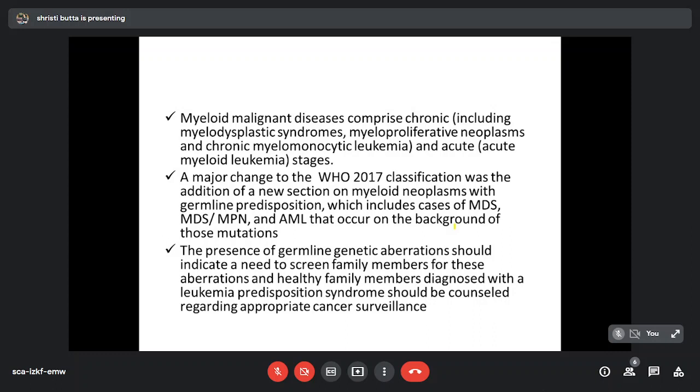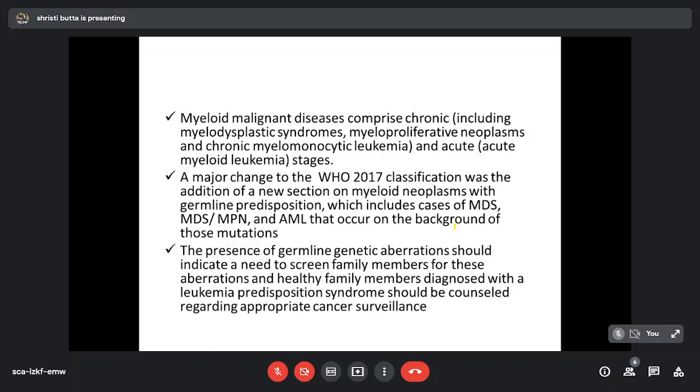So all these are the chronic malignant myeloid neoplasms, okay, whereas the acute leukemias may be either acute myeloid leukemias, which may either be AML with recurrent genetic abnormalities, or the AML NOS, or the myelodysplasia related AML, or the therapy related AML.